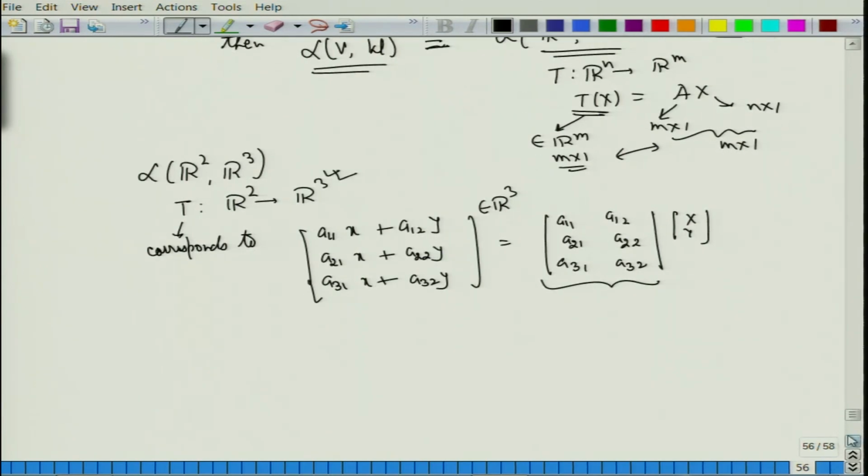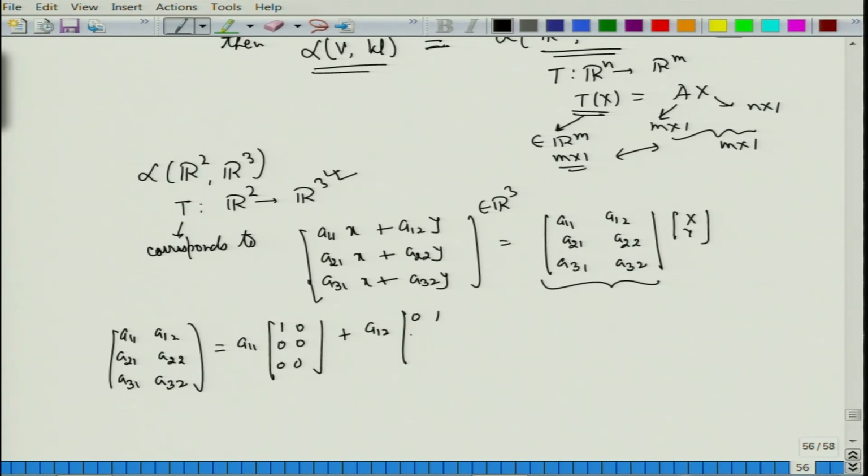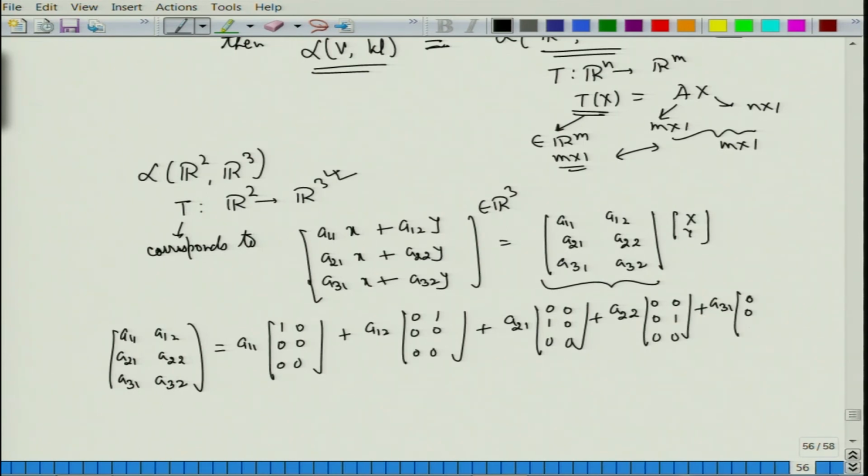What I would like you to see here is that this matrix A corresponds to the following: A11 times a matrix which is 1 0, 0 0, 0 0, plus A12 times 0 1, 0 0, 0 0, plus A21 times 0 0, 1 0, 0 0, plus A22 times 0 0, 0 1, 0 0, plus A31 times 0 0, 0 0, 1 0, plus A32 times 0 0, 0 0, 0 1, all right.